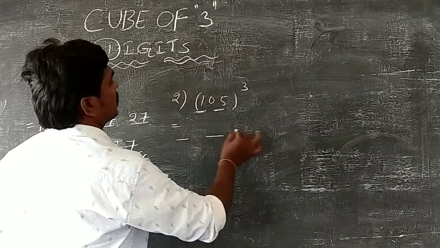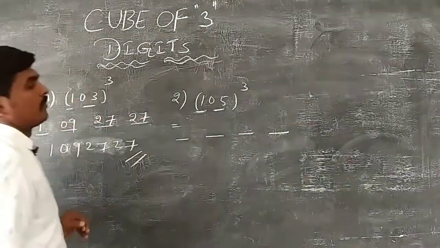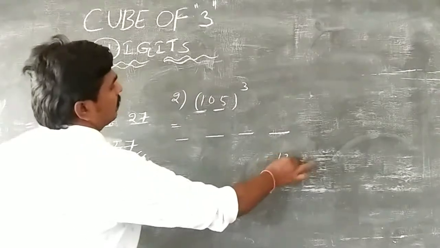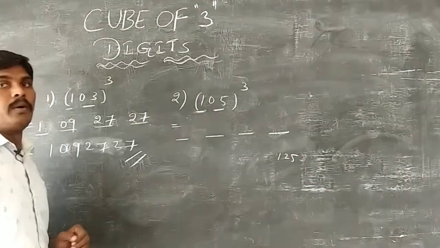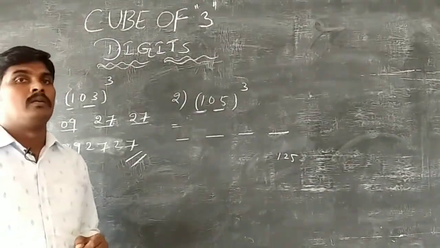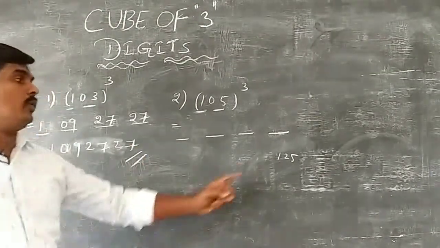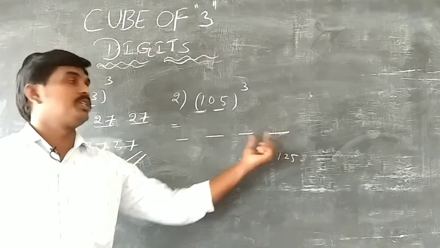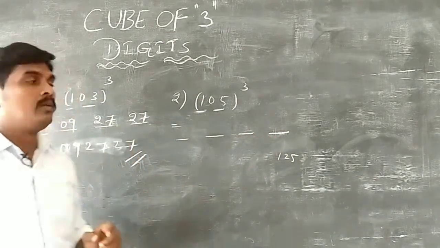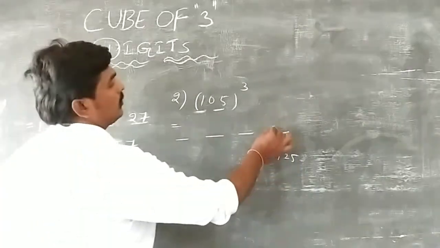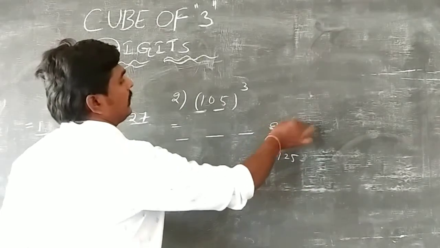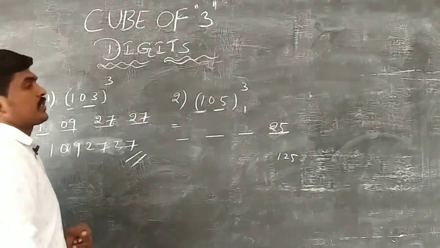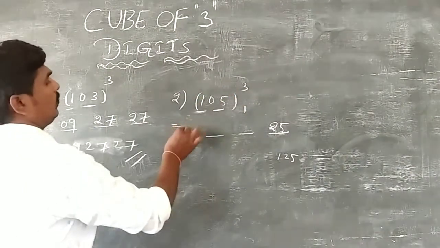Draw the 4 dashes. 05 whole cube is 125. 125 consists of 3 digits, but we should write only 2 digits in each dash. So in this 125, 25 should be written here, and 1 carried here. Next, 1 cube is 1 only.